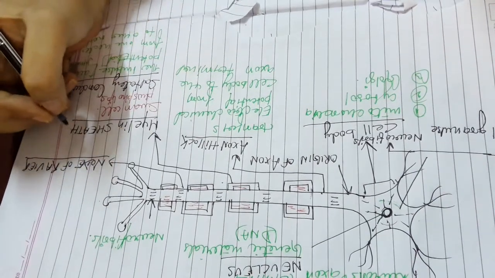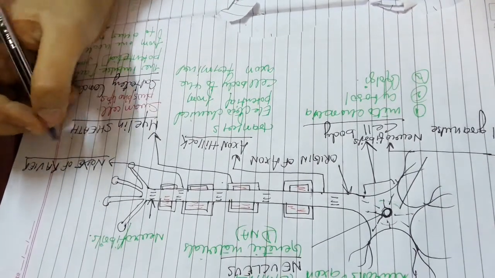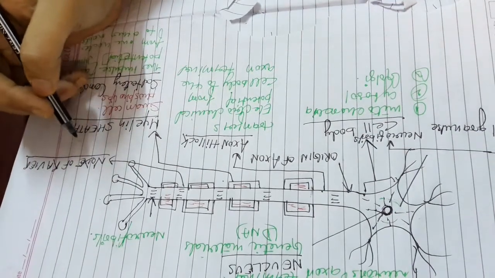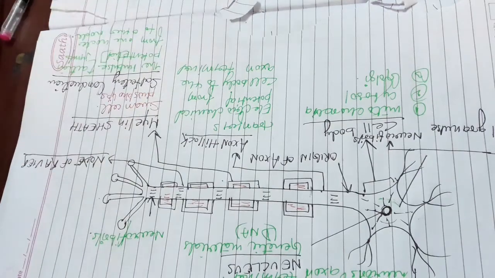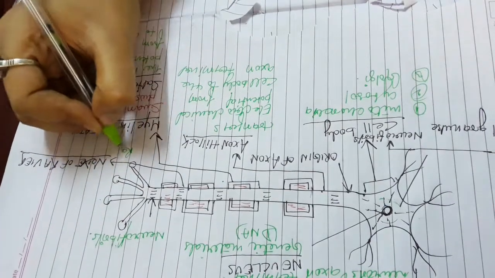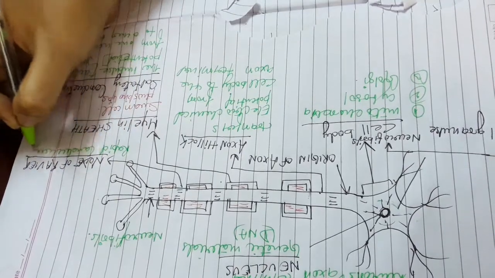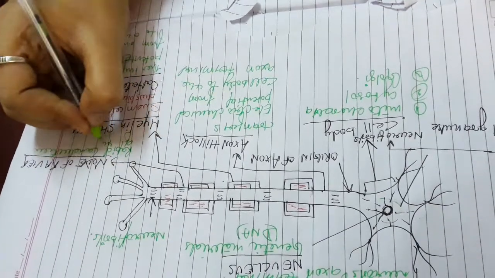The function of the node of Ranvier is that it is responsible for the rapid conduction of the nerve impulses.